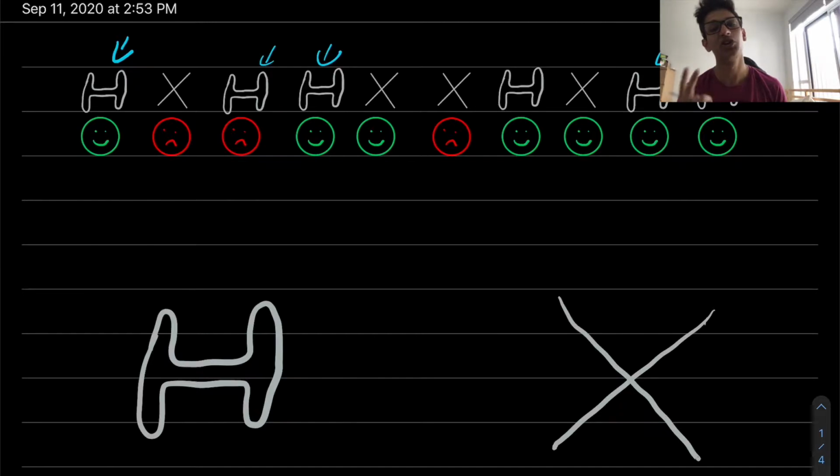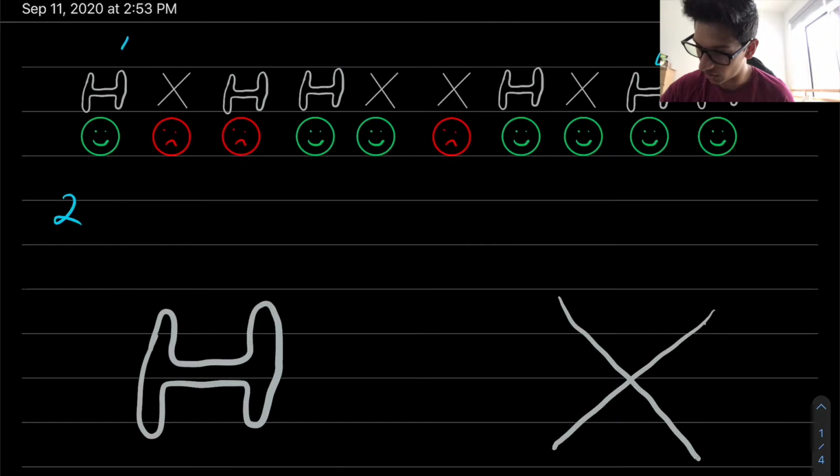So there are two such days where he works out the following day, given that he worked out the previous day. And then there are three such days that he doesn't work out the next day, given that he works out the previous day. Those 3 days are here, here, and here, since he doesn't work out on the following days.